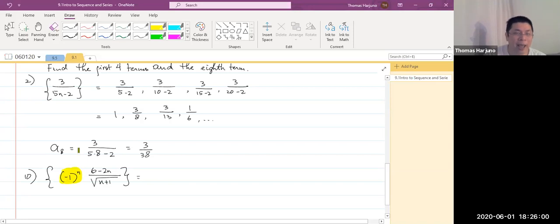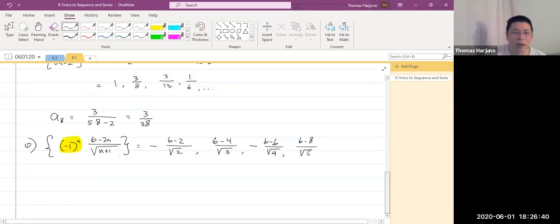And because of that, when n equals 1, that will be negative, right? When n equals 1, 6 minus 2 over square root of 2. When n equals 2, I get positive 6 minus 4 over square root of 3. When n equals 3, that will be minus 6 minus 6 over square root of 4. And the fourth term will be positive 6 minus 8 over square root of 5.